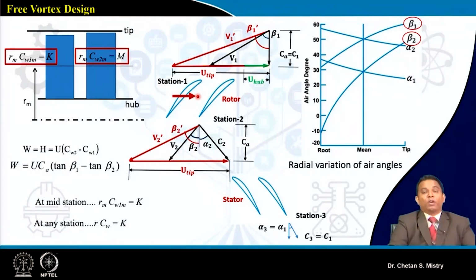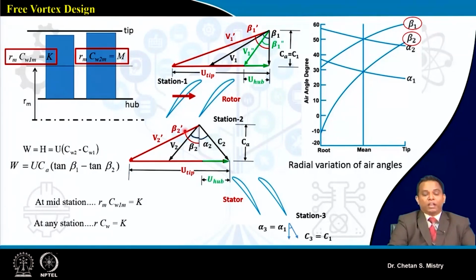Okay. Now we know the radius near the hub is lower. That's the reason my U-hub will be lower, and this will be the change of my angle, beta 1 double dash.